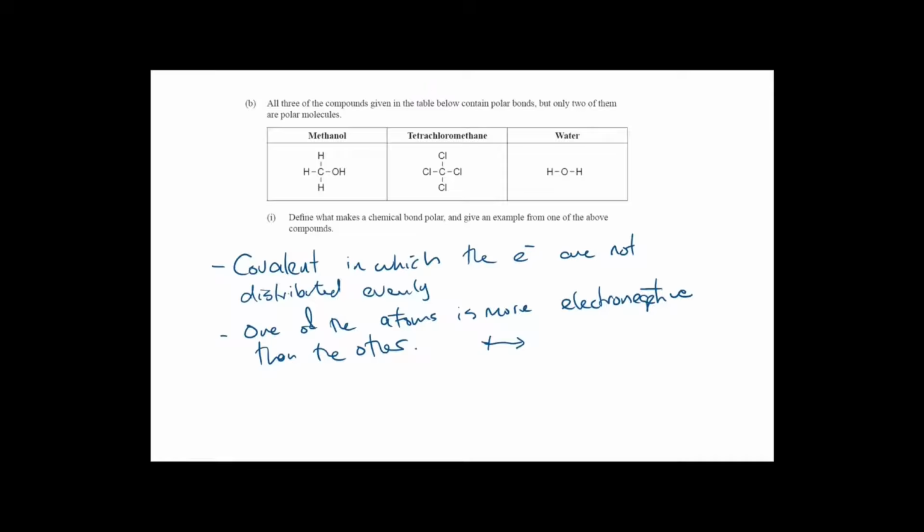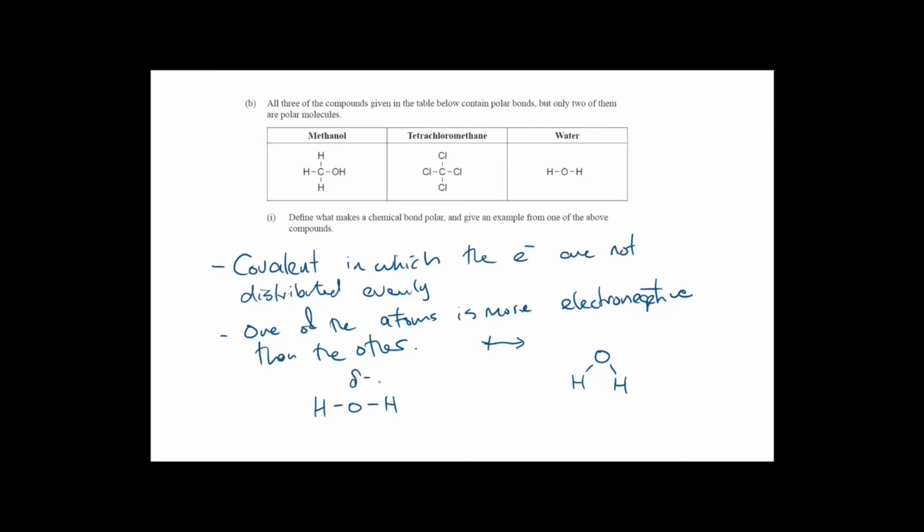So what are some of the examples here? Let's have a look at the water. The way they've got it there, it's supposed to be like that, but that's how they've got it. The oxygen is quite a lot more electronegative.